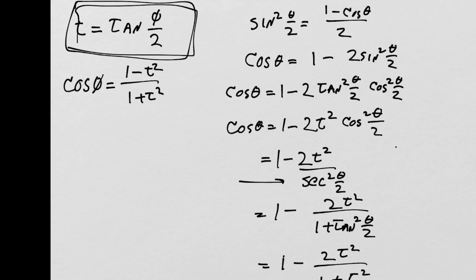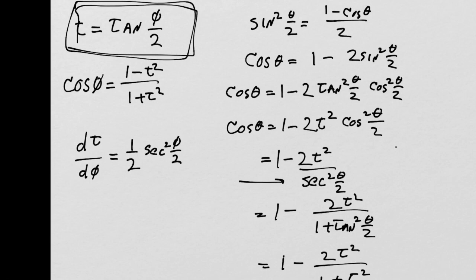And then the last thing we need to know is dt d phi, right? That's going to equal, let's see, 1/2, and the derivative of the tangent is secant squared phi over 2, right? Is that right? I hope so.